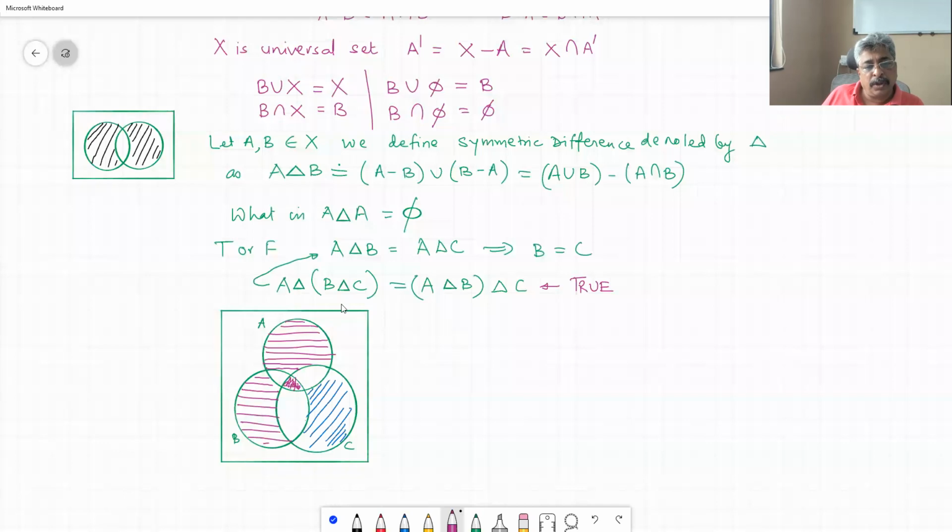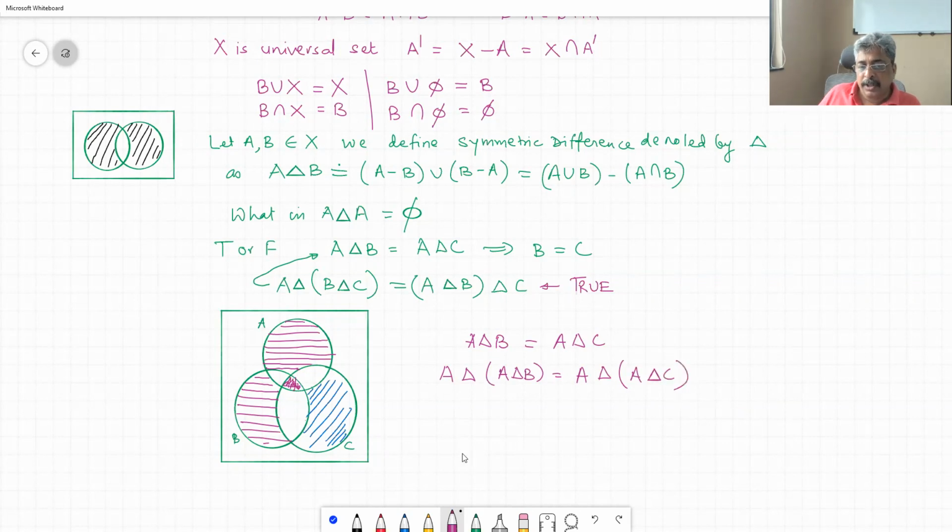Okay. So if this is true, then let us solve the first. A delta B is equal to A delta C, given. You can take symmetric difference with the set A on both sides, LHS and RHS.